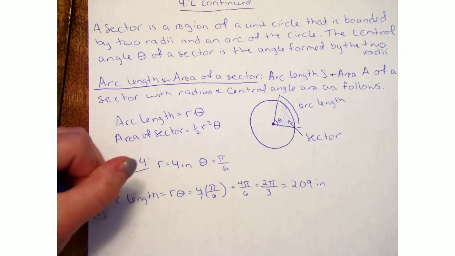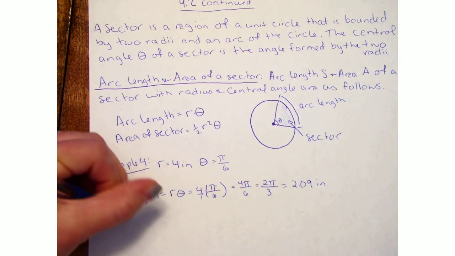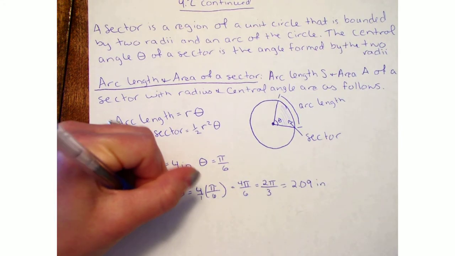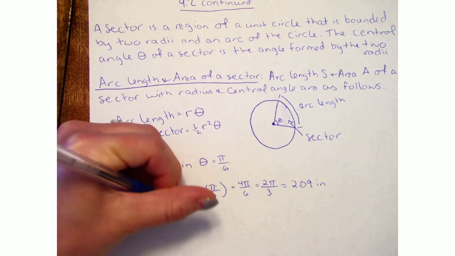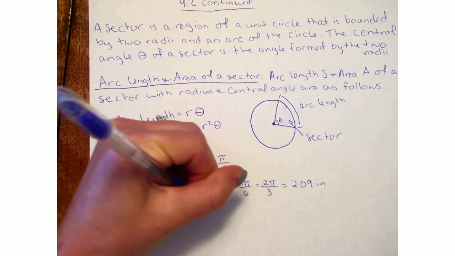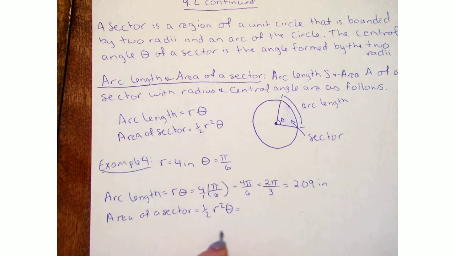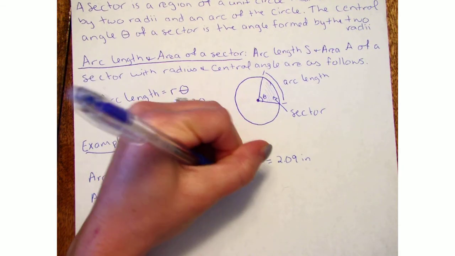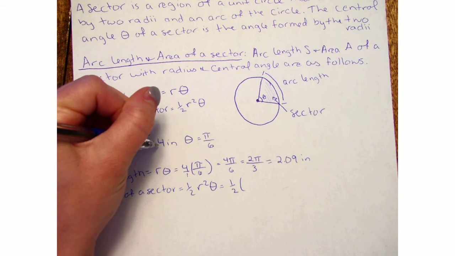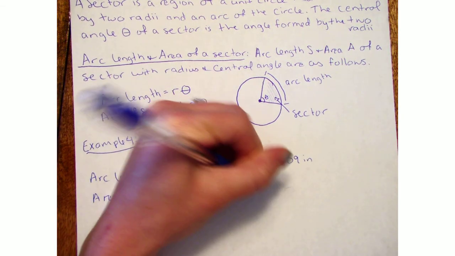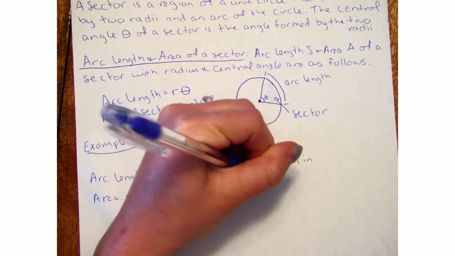So then let's find the area. So 1/2 r squared theta means you're going to have 1/2. Radius again is 4. So 4 squared. And then theta is pi over 6.